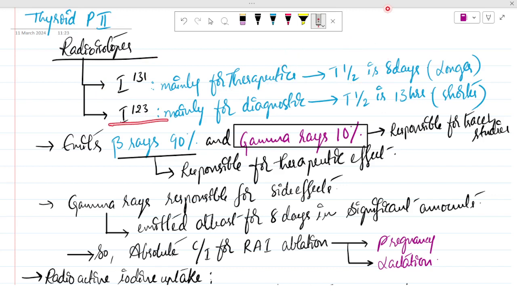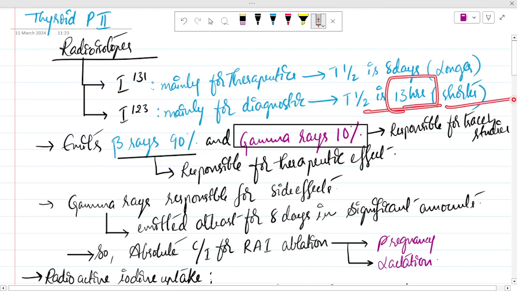Whereas iodine 123 has a very short half-life, only 13 hours. So it is mainly used for diagnostic purposes, and it can't be used for therapeutics that efficiently.